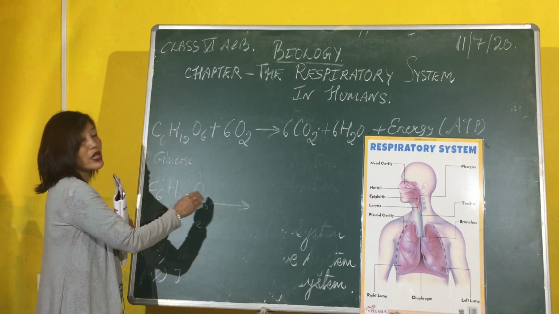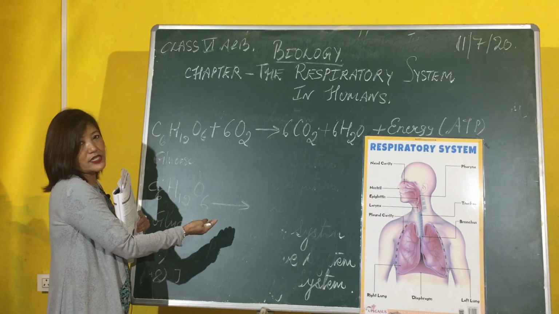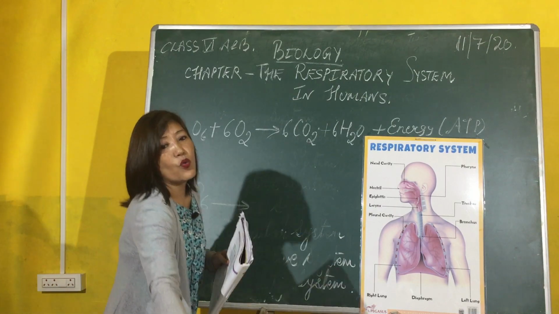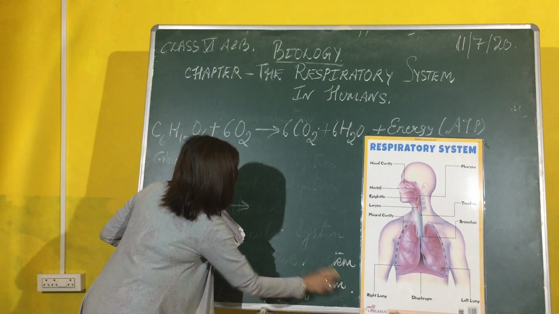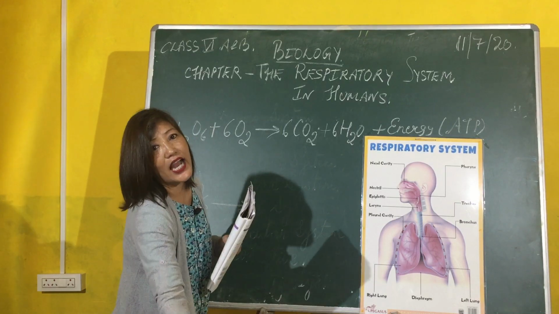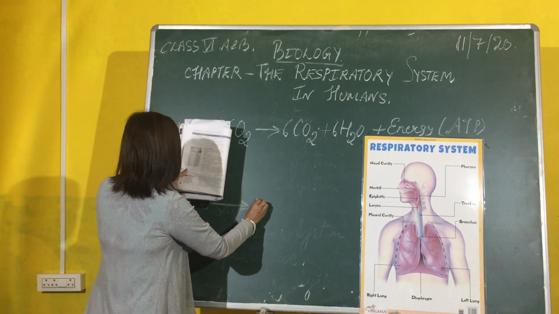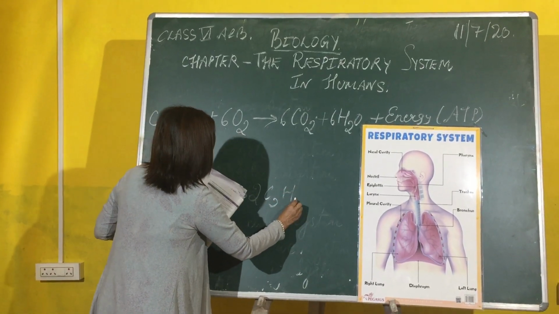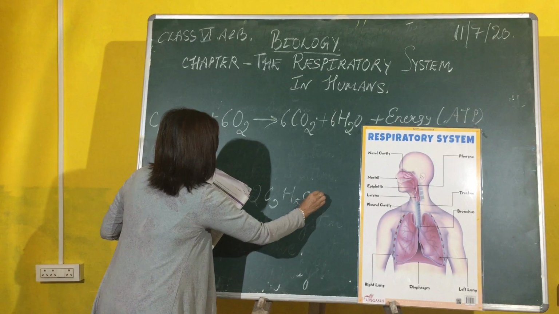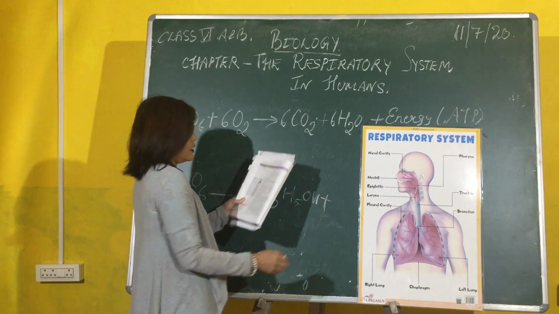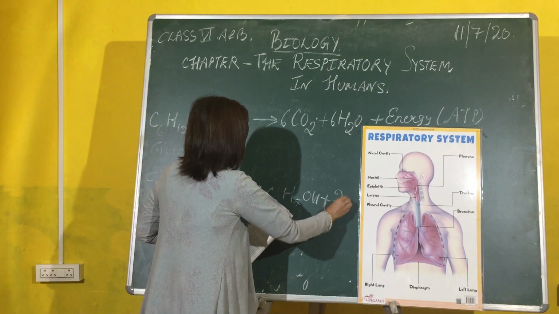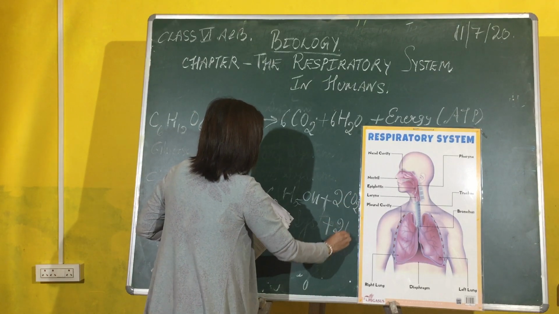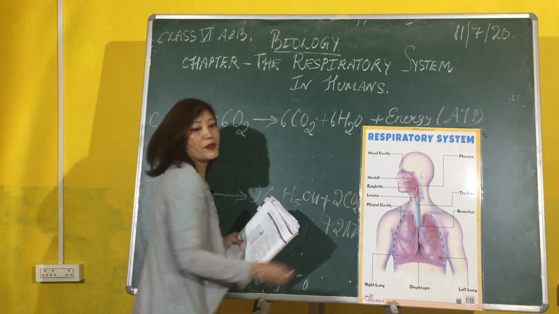So this food will be oxidized to release not water, but ethyl alcohol. Ethyl alcohol, the formula is 2C2H5OH, plus the byproduct carbon dioxide, and the energy will be only 2 ATP.